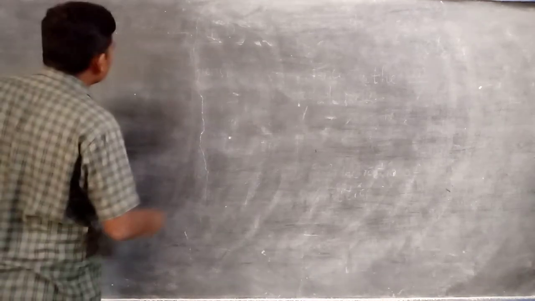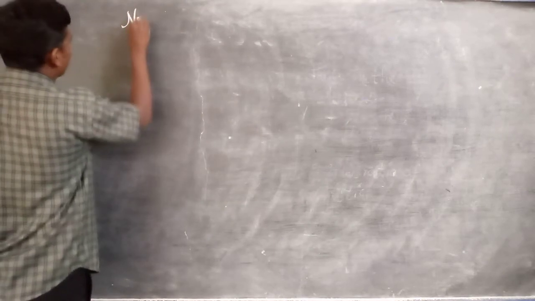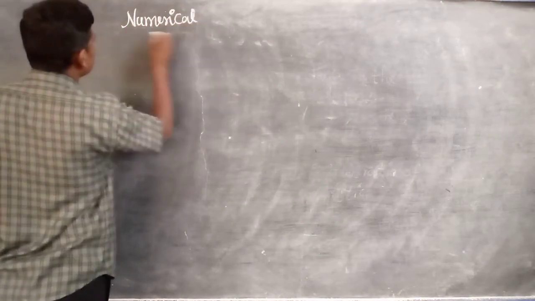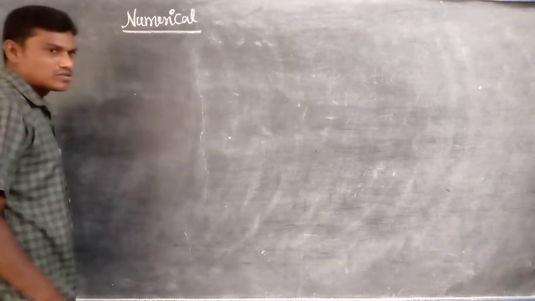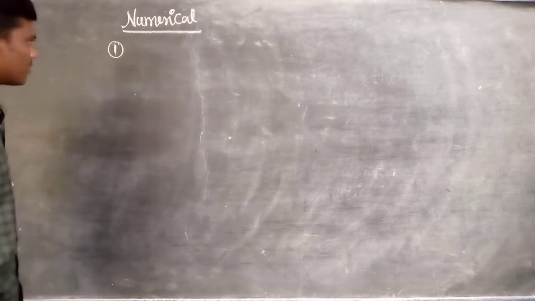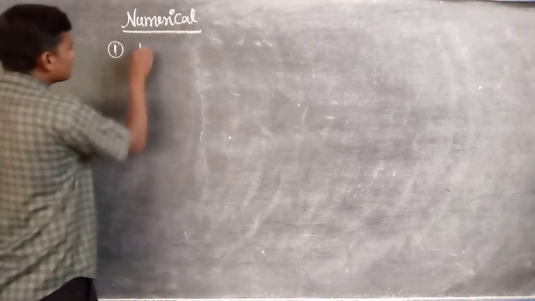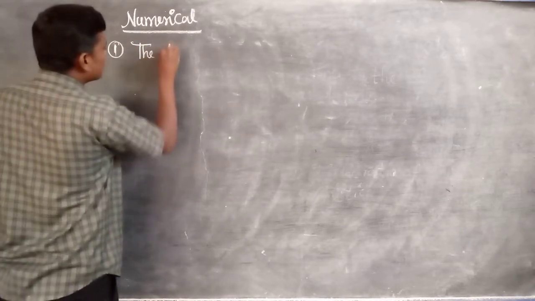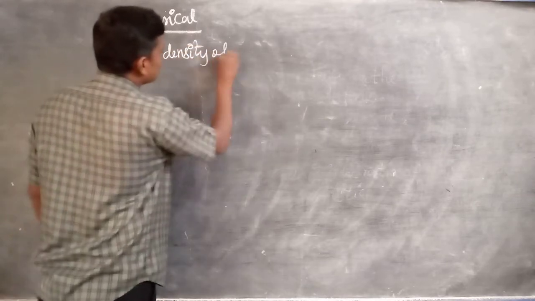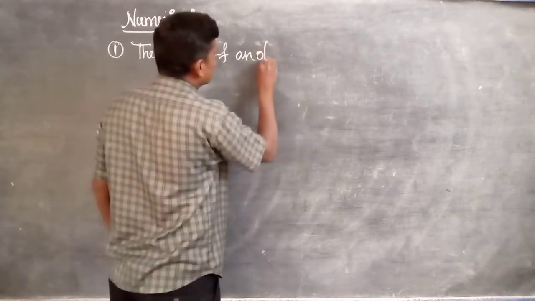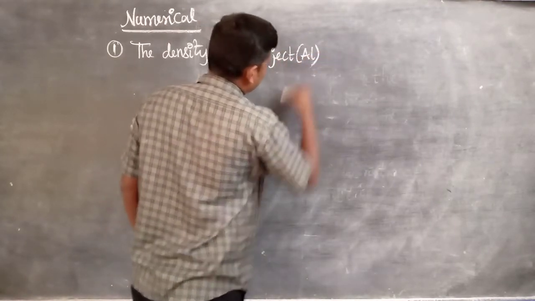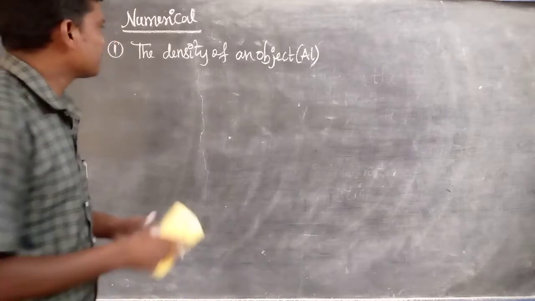In this part of the video, we discuss one numerical about relative density. Numerical one: the density of an object, for example aluminium.